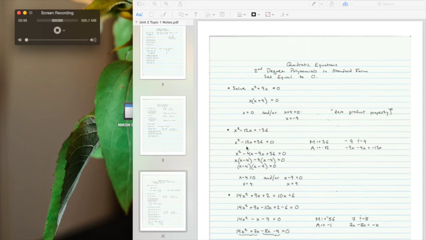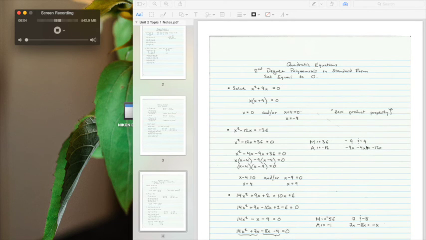I'm going to take my leading coefficient and my constant term and multiply them. 36 times 1 is 36. I'm going to look for a number that multiplies to 36 and adds to this middle term coefficient, negative 12. So two numbers that multiply to 36 and add to negative 12, I think that 9 and 4 will work.